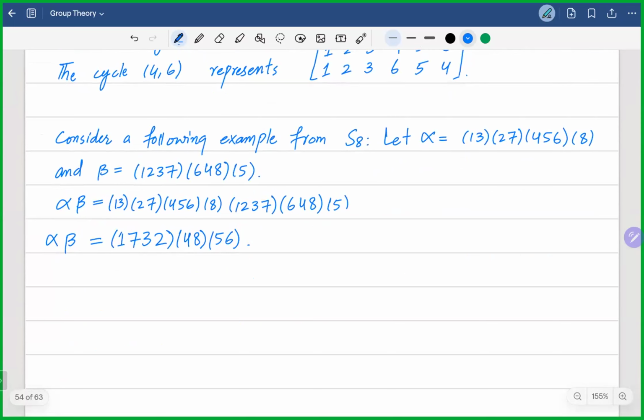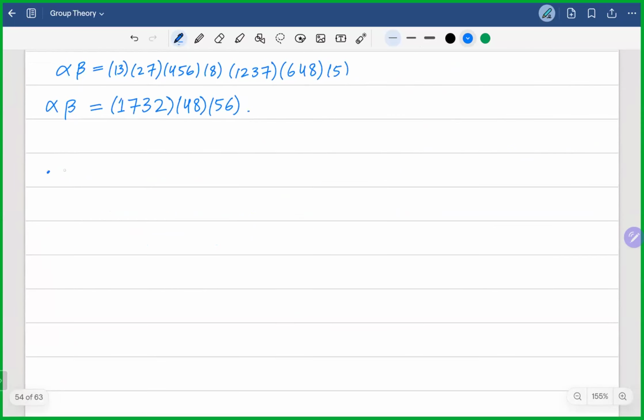Alpha is 1, 2, 2, 1, 3, 3, 4, 5, 5, 4, and beta is 1, 5, 2, 4, 3, 1, 4, 2, 5, 3.